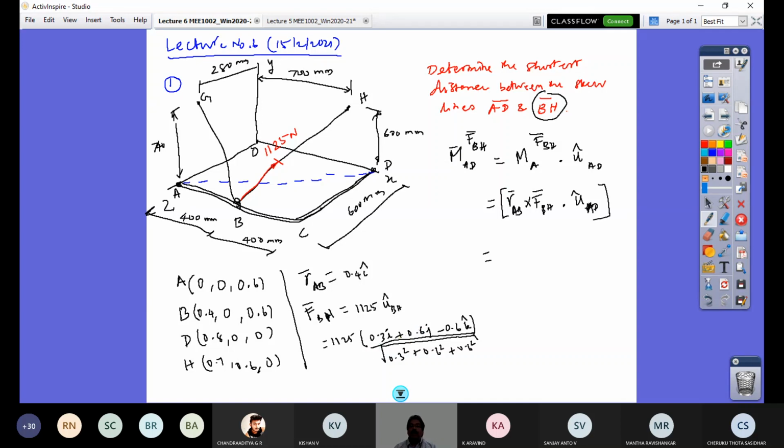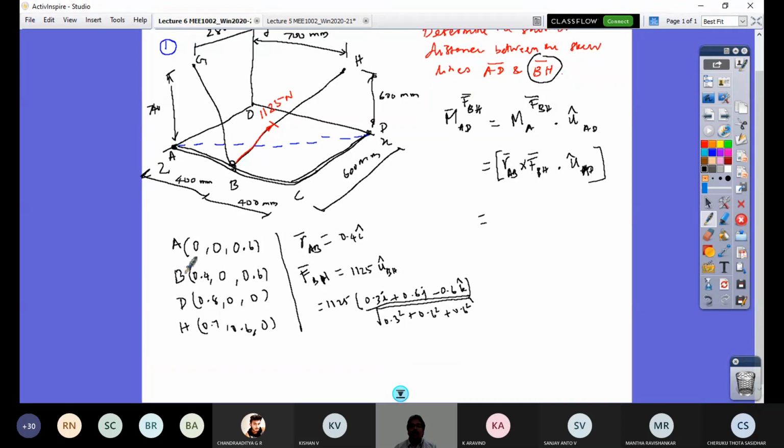And what is my third vector? UAD. So UAD unit vector is RAD by modulus of RAD. So that's going to be D minus A. So D is this.